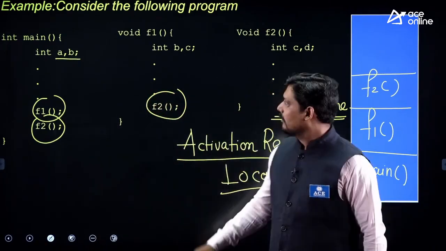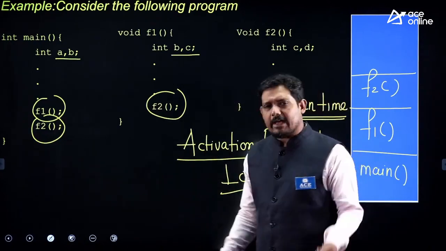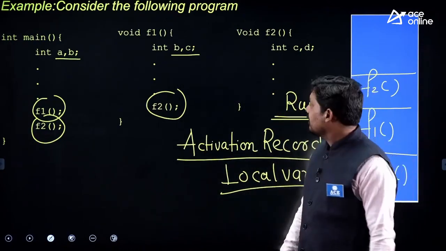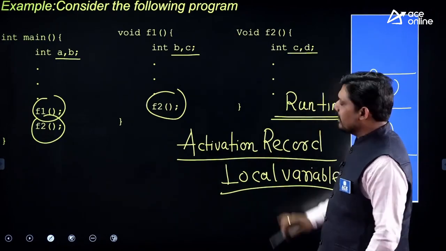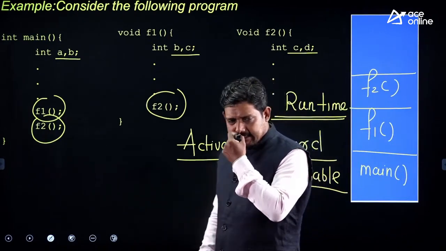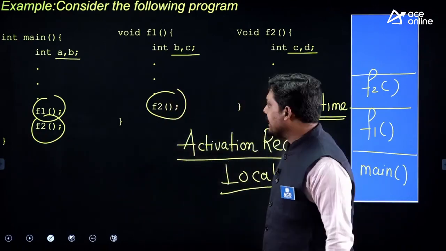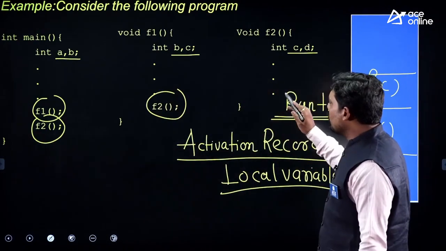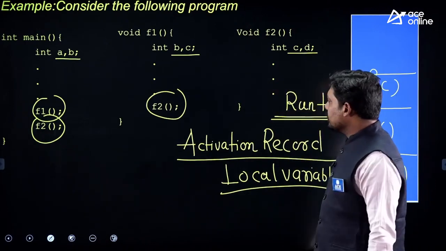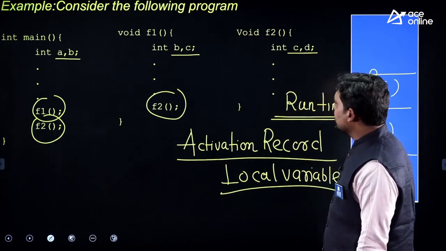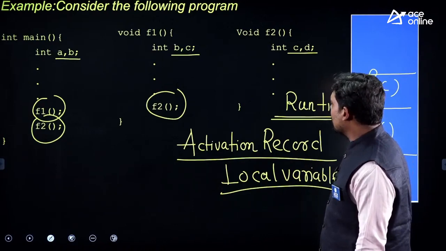It's local. F1 can see and access its own, and only f2 can see and access its own. So these are local variables, which only the function can see or look into.